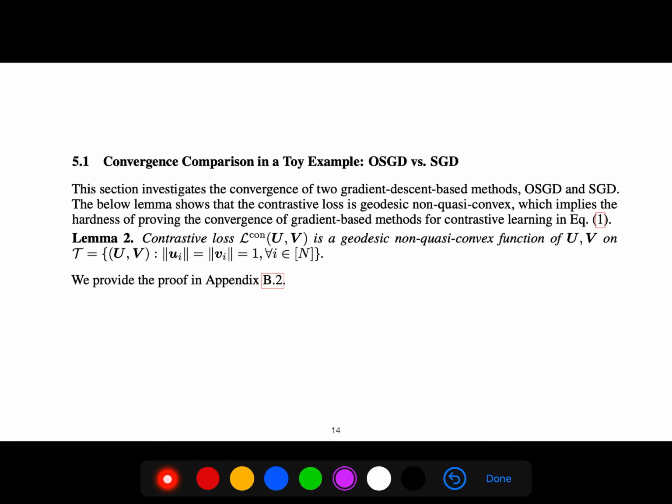This lemma says contrastive loss is a geodesic non-quasi-convex function of U and V on T.